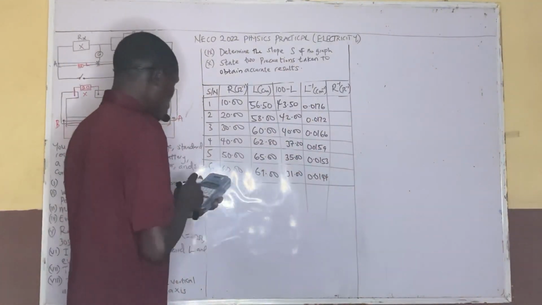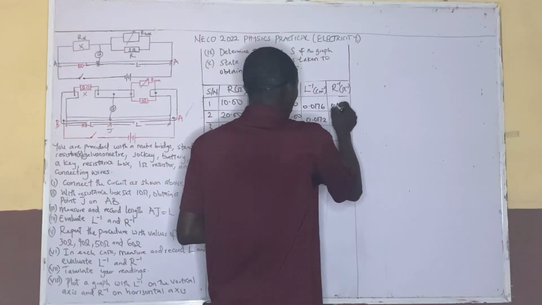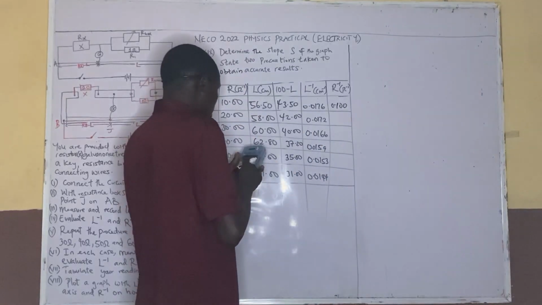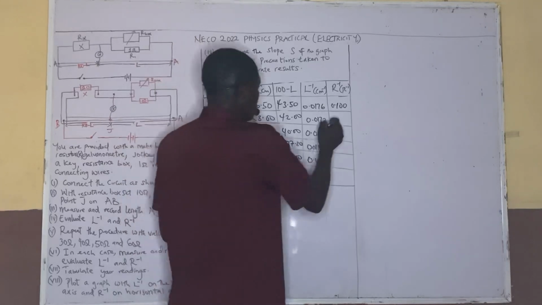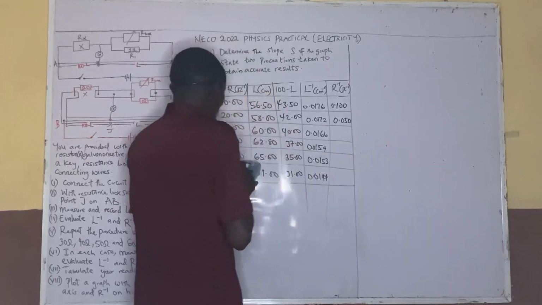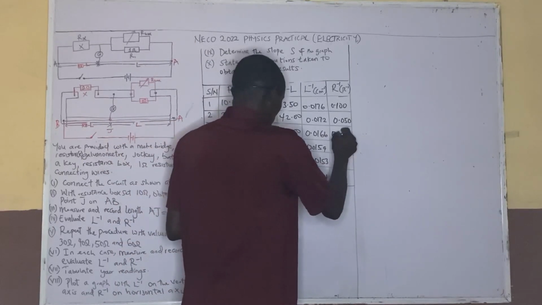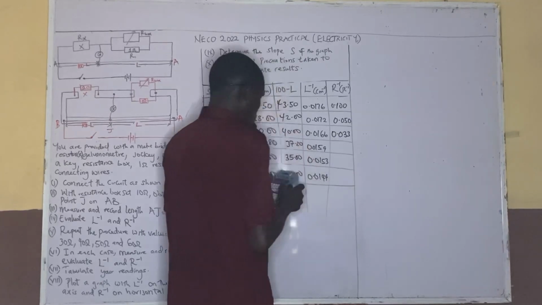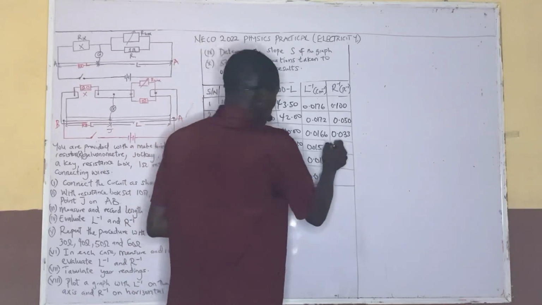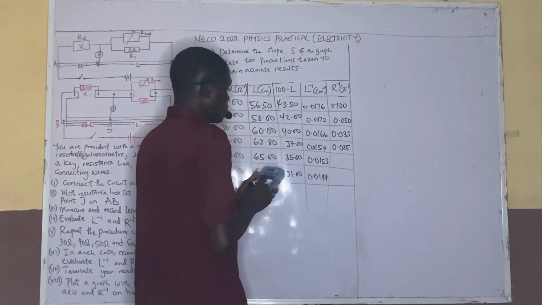So our inverse will be 1 divided by 10, 0.100 to 3 decimal places. 1 divided by 20, 0.050. 1 divided by 30, 0.033. The next, 1 divided by 40, 0.025.